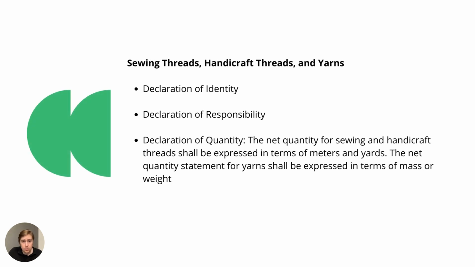Meanwhile, when it comes to sewing threads and yarns, yet again, they don't specify any differences when it comes to the product identity or that of the company in the declaration of responsibility. But when it comes to the unit that the net quantity must be expressed in, they clearly specify here that it must be expressed in meters and yards. Now, "and" is the key word here. It's not meters or yards, it's and.